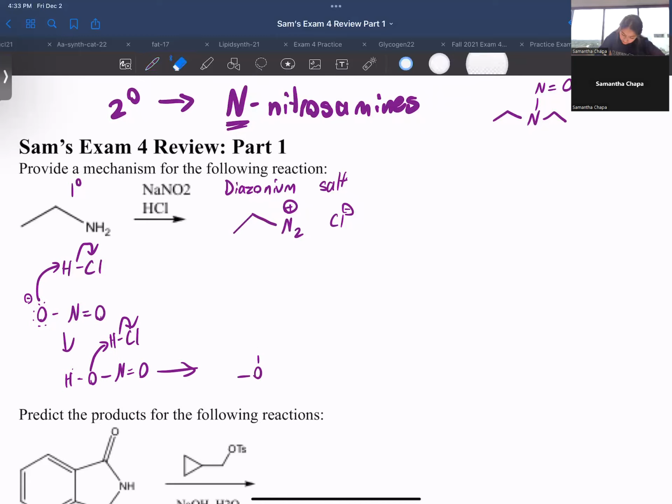Okay, so we made a good leaving group, and the leaving group is going to leave. When the leaving group leaves, we have a charge on our nitrogen.